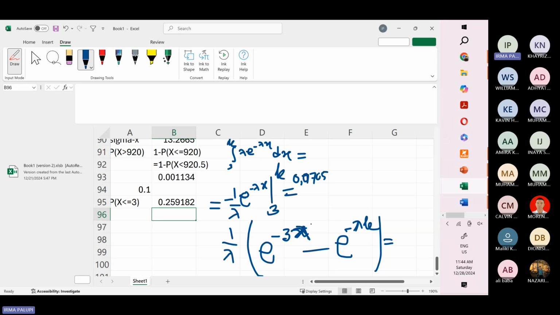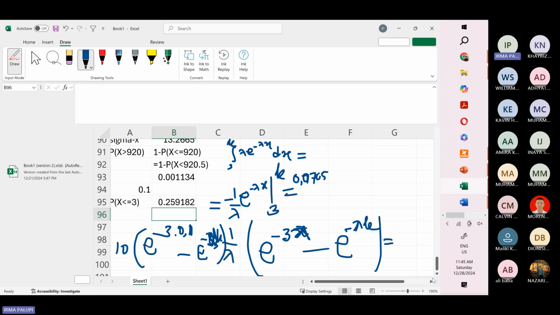Okay, to confirm, lambda is 0.1, so this is 10, right? This is 10 times e to the power of minus 3 times 0.1, minus e to the power of minus 0.1 times k. It's 0.1 k.